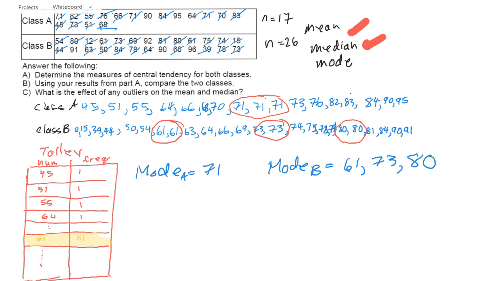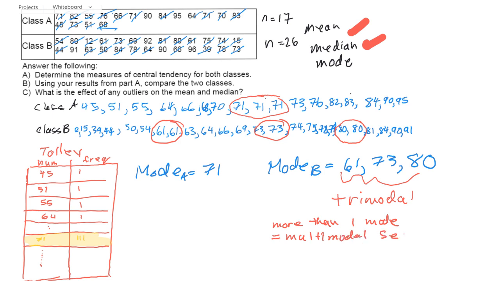Now we call this set B a trimodal set. Basically, here's what you need to know. If there is more than one mode, it's called a multimodal set.